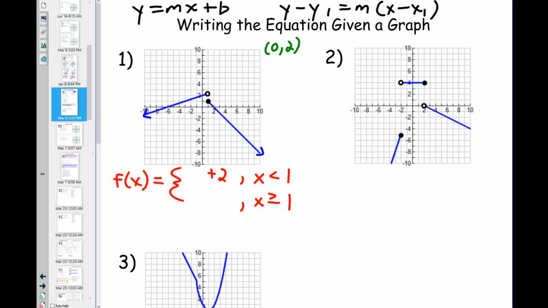In order to be able to find the slope, I need the 2 points. So I got 0, 2. This gets a little hard sometimes. You got to be careful. You can pick whatever point you want. Just make sure that the line is clearly passing through it, or as clearly as possible. Is there a point where you're pretty confident that the line is passing through?